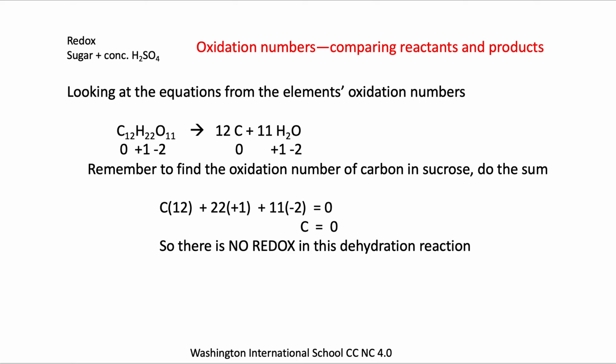And in the product, the element carbon, it's 0. And in water, hydrogen's +1, oxygen's -2. So there is no change. So strangely enough, this part is not redox. It's just a dehydration, kicking water out of the reaction.